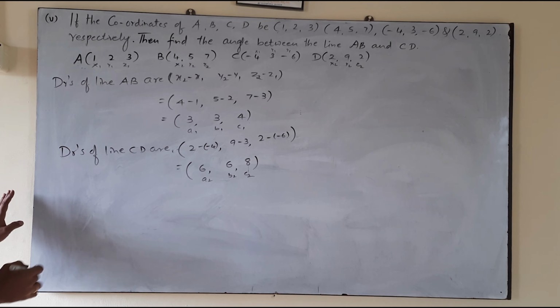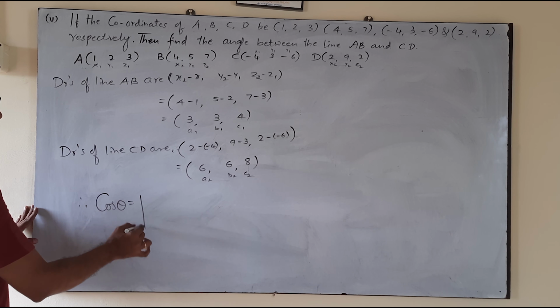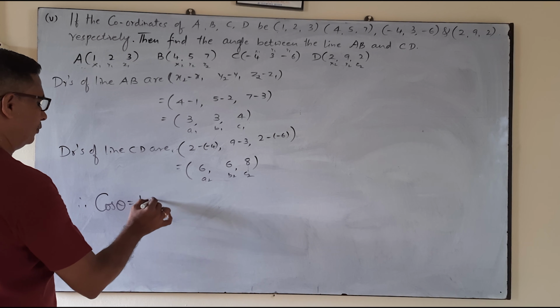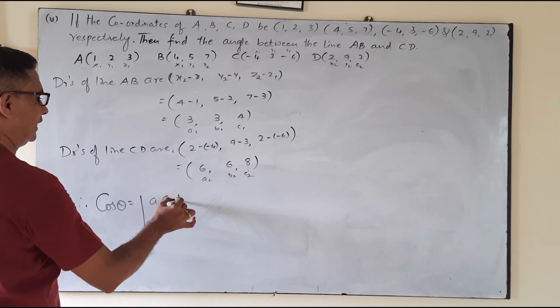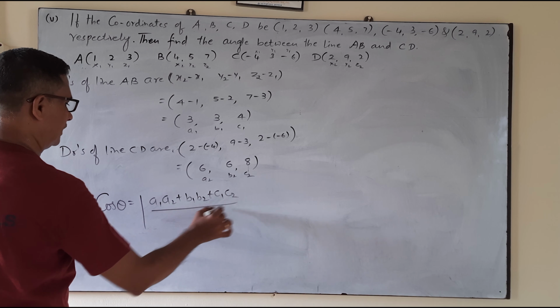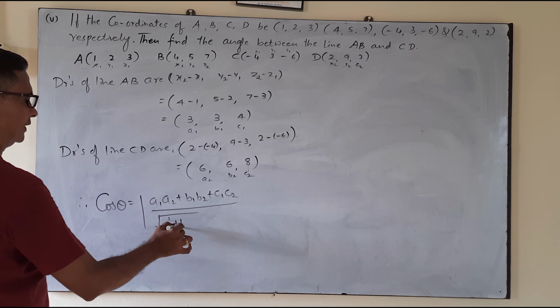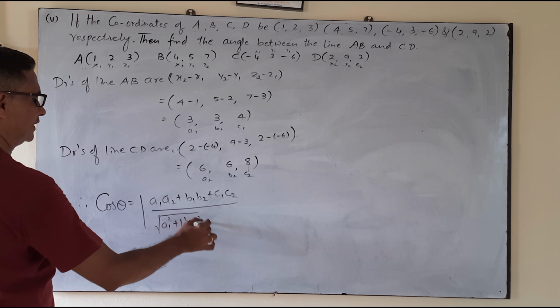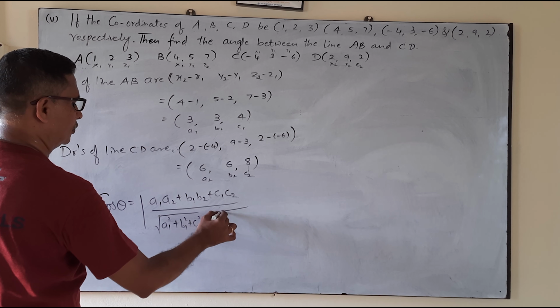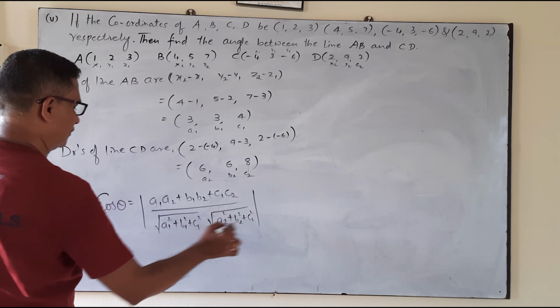We got two values. Therefore, angle between two lines formula: cos theta is equal to modulus of A1 A2 plus B1 B2 plus C1 C2, divided by under root of A1 square plus B1 square plus C1 square, into root of A2 square plus B2 square plus C2 square.